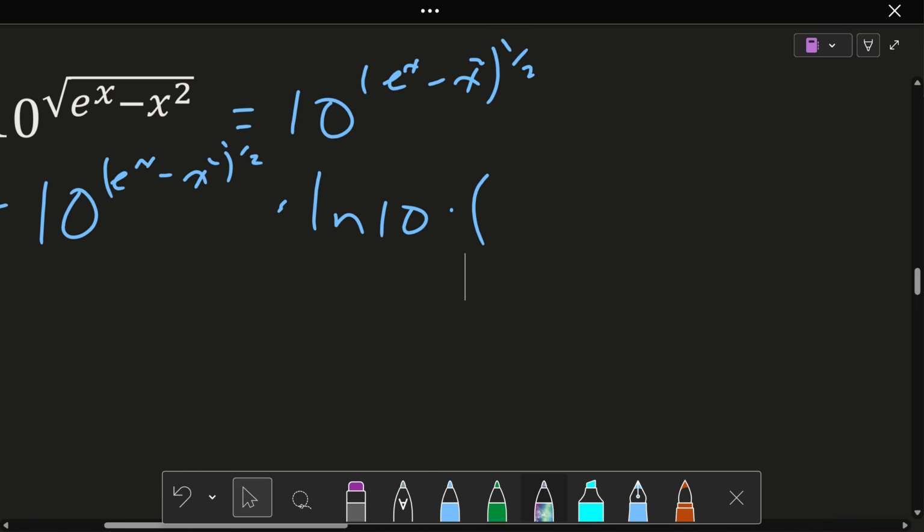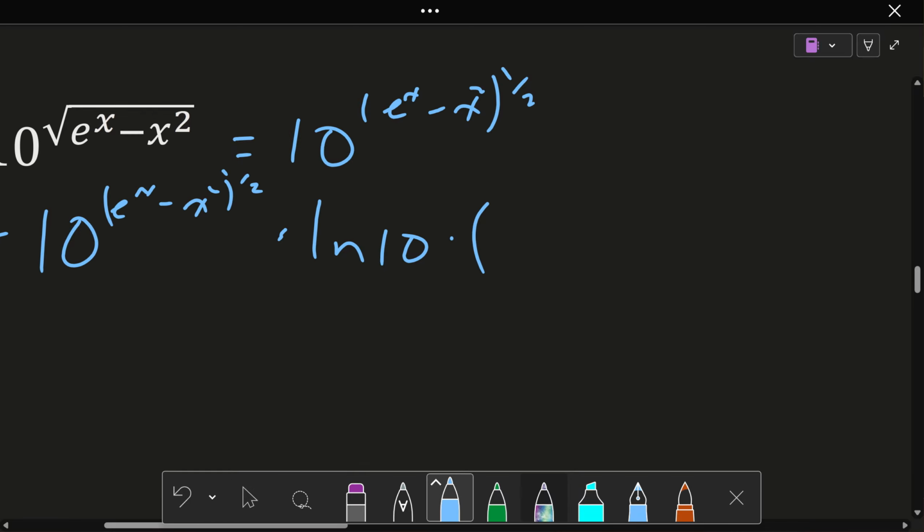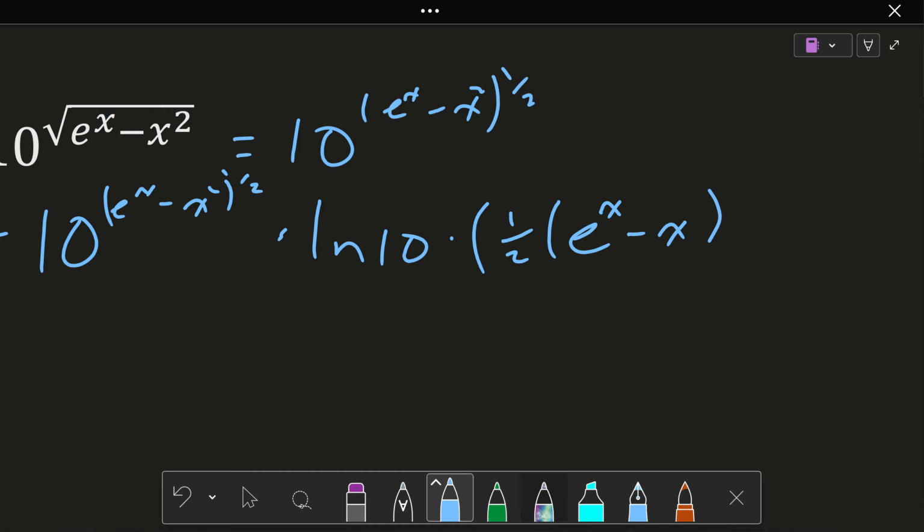The derivative of my exponent, this is where I'm really glad I wrote it in fractional form, is 1/2 (e to the x minus x squared) to the negative 1/2. Then I've got to times that by the derivative of what's inside, which is going to be e to the x minus 2x.